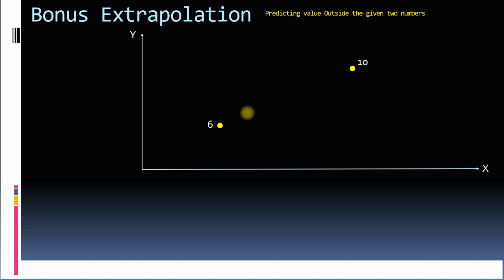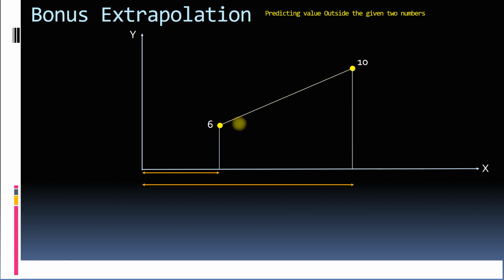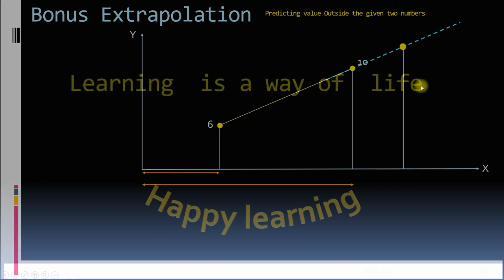Again, we need to assume a relationship or function between 6 and 10 and extend this function beyond these two numbers. Here we assume a linear relationship between 6 and 10 and we extend this relation. We can then predict the number at the required location using appropriate formulas. Thank you very much.